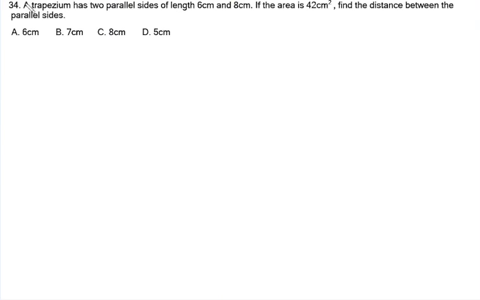So for question 34, we are asked that a trapezium of two parallel sides of length 6 cm and 8 cm. If the area is 42 cm squared, find the distance between the parallel sides. So first of all, we need to note the trapezium. What's a trapezium? Visually, a trapezium looks something like this.